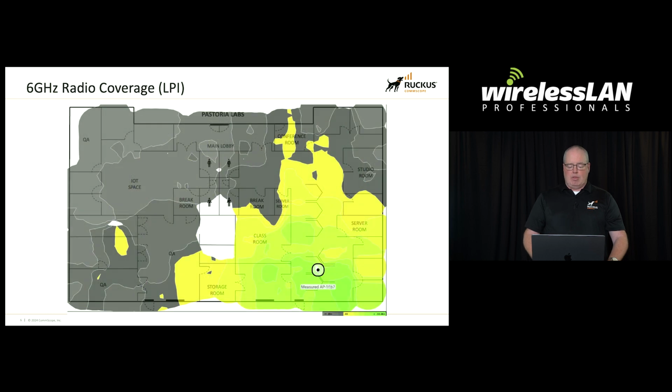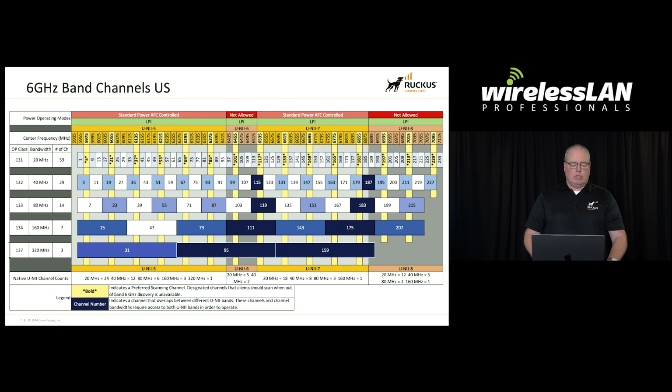And then we did the same thing with 6 gigahertz running in LPI. So obviously you can see there's a considerable coverage distance difference, just based on the power and the attenuation from 6 gigahertz.